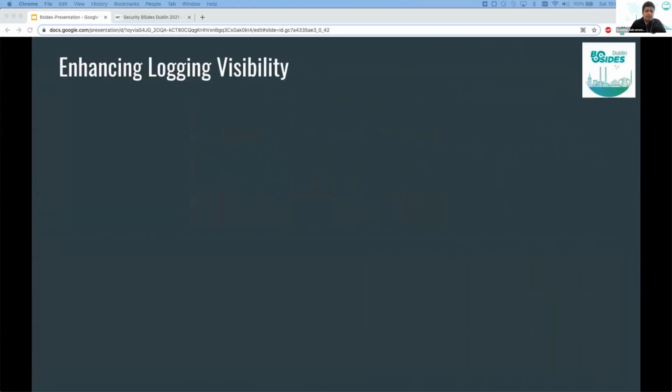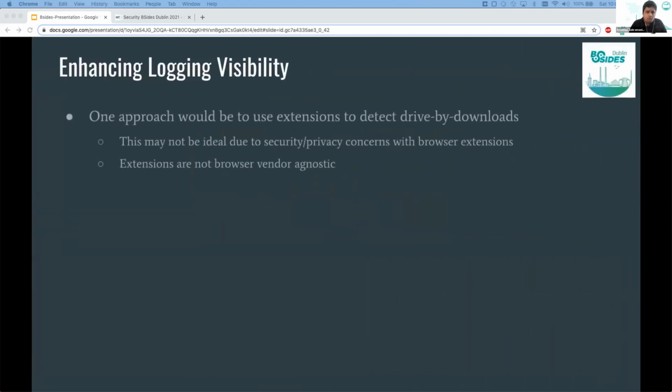So how can we enhance logging visibility? One approach would be to use extensions to detect drive-by downloads. I think this is a debatable topic because there has been a lot of security and privacy concerns around browser extensions. Again, there was a great talk at BSides SF 2020 by, I think, the security team at Lyft, where they talk about Chrome extension risks. And extensions are not browser agnostic.